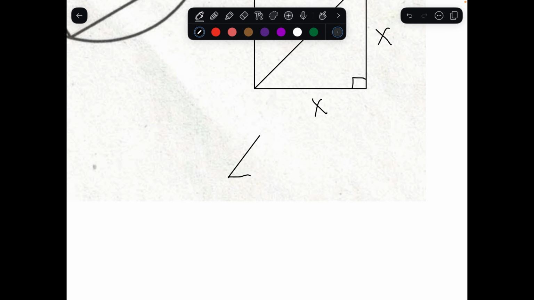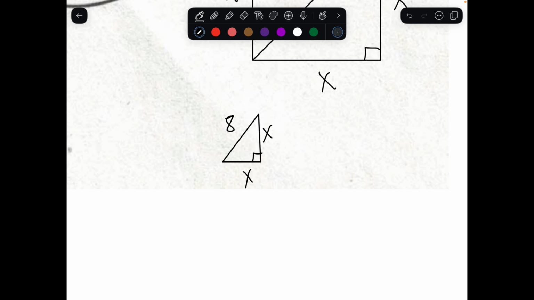So let's do that. This is your triangle. You have x, and we have 8, right? Let's just use the Pythagorean theorem to solve for x. You can also use the 45-45-90 triangle to solve this as well, but let's just use the Pythagorean theorem for this.